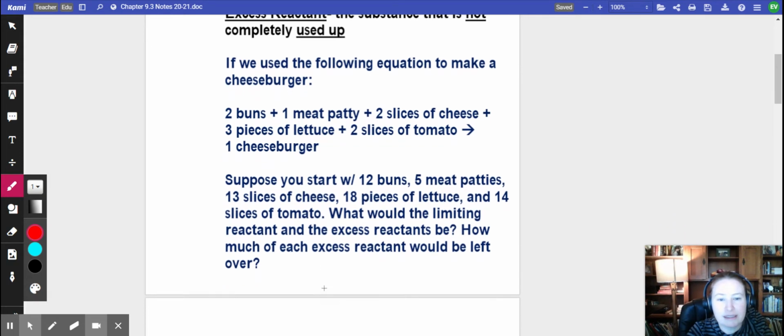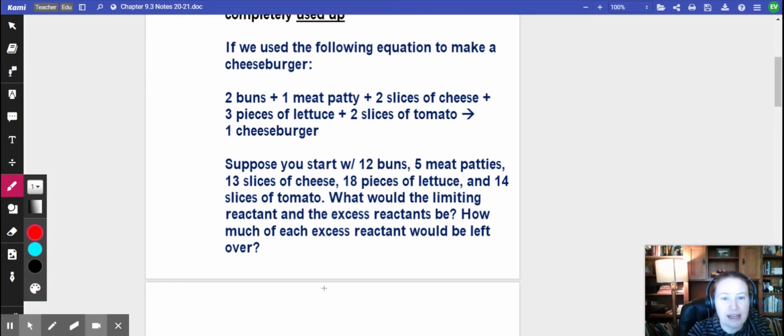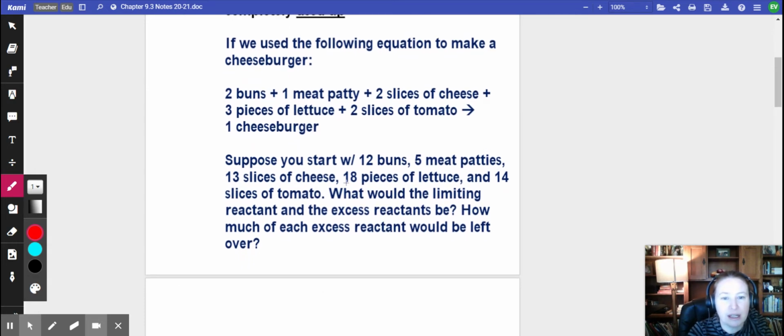Well, the steps that we're going to take is we're going to see how many cheeseburgers I can make starting with each of these given values. And the number of cheeseburgers that I can successfully make would be the one that makes the fewest number of burgers.